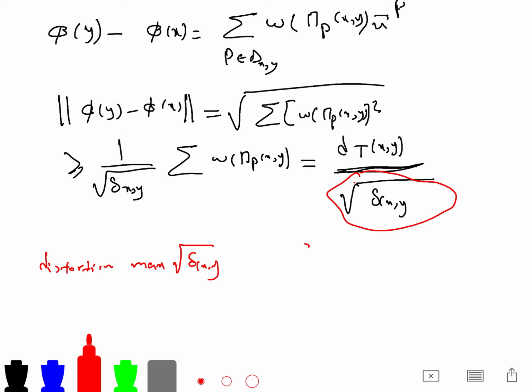And as I said, I'm just repeating that this is less than delta x plus delta y. So the distortion does not exceed 2 times delta of p.